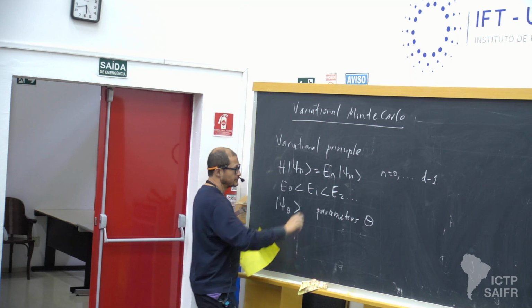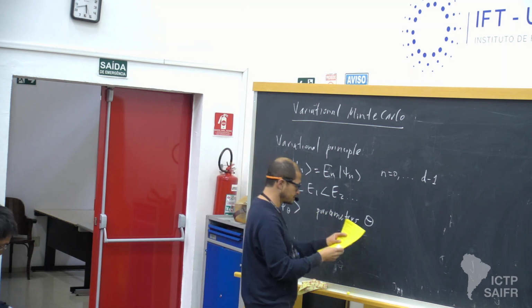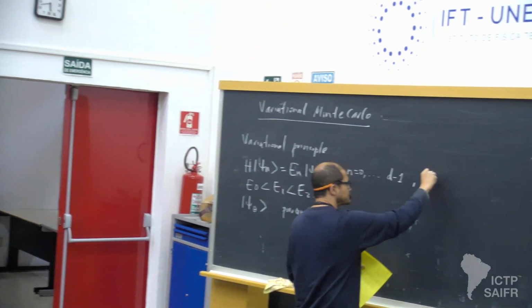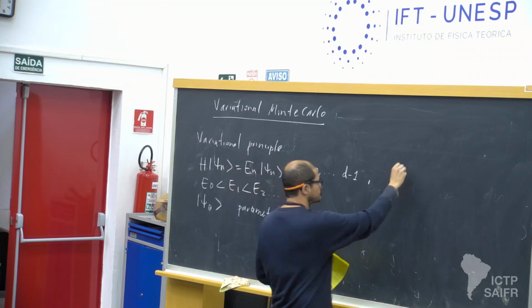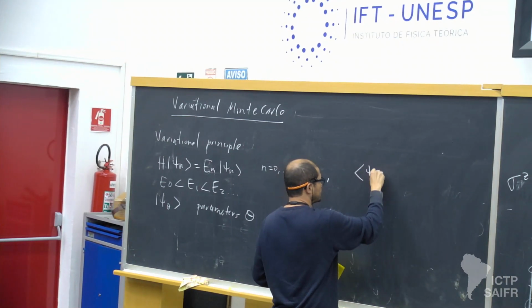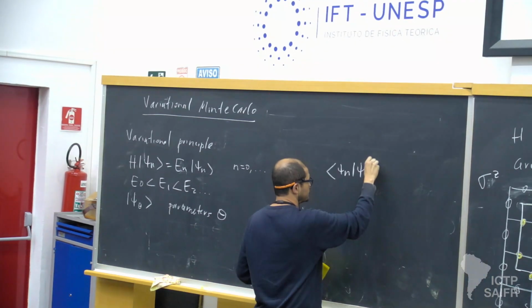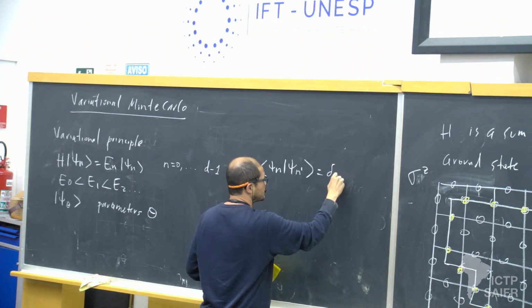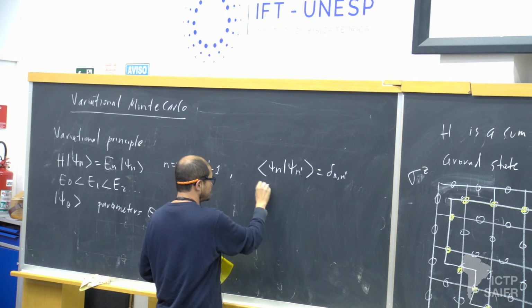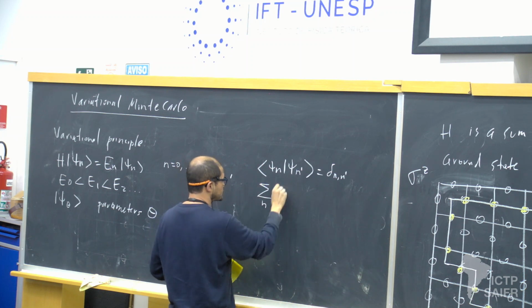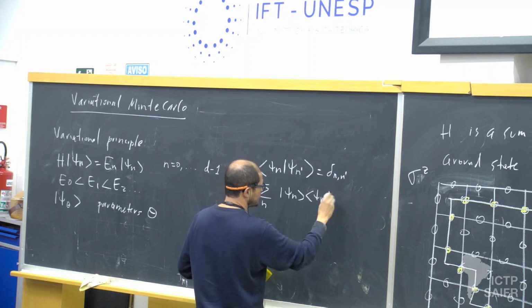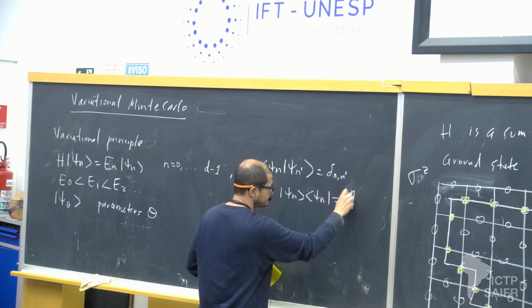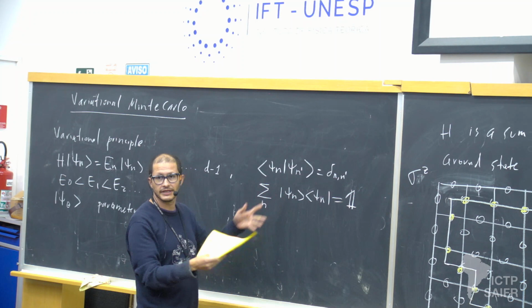We're going to assume that this set of eigenstates forms an orthonormal basis, which means that they are orthogonal and normalized, and if you sum over these matrices, you get the identity. This is called the completeness relation.